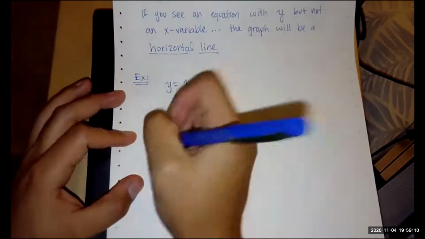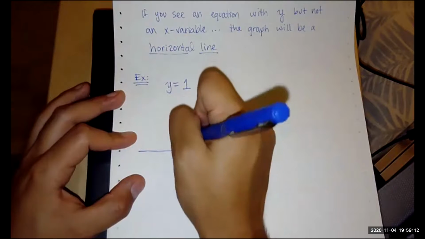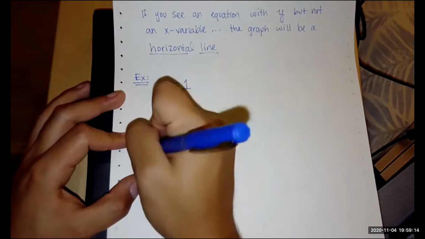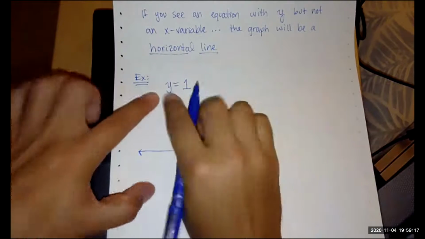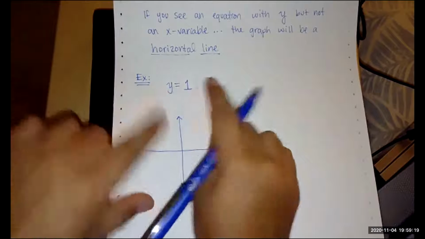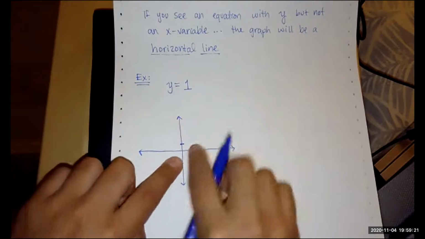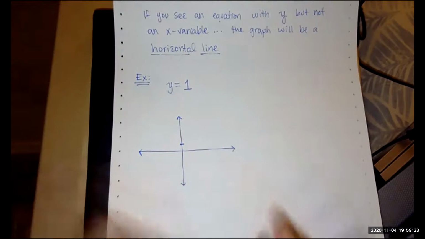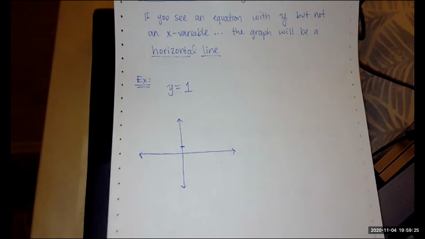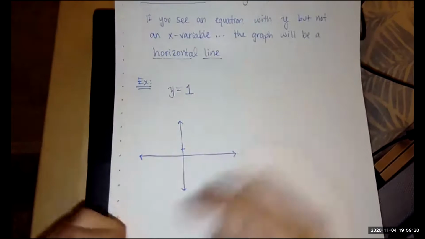Okay, so if I draw a graph of this line, what I'm doing is I'm going to look for the y value of 1, which would be right here. I just went up 1. And because there's no x variable, that should signal in my mind that this is a horizontal line.